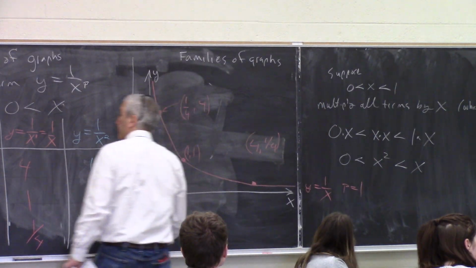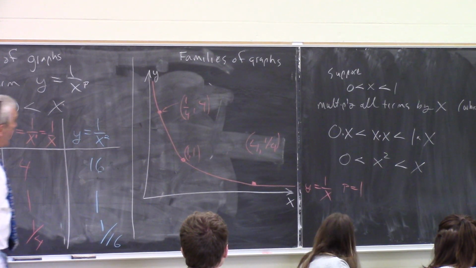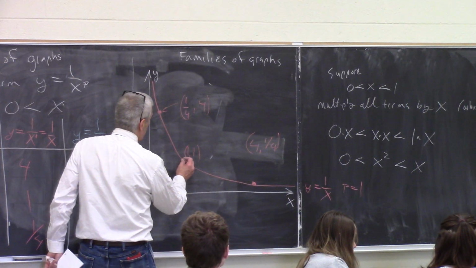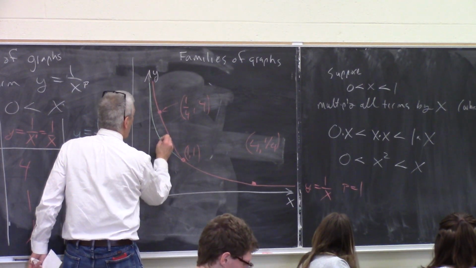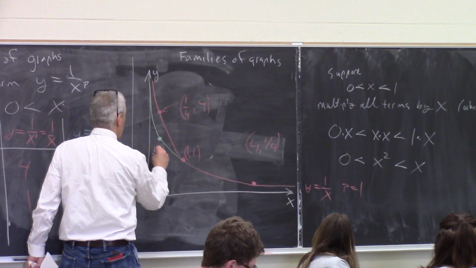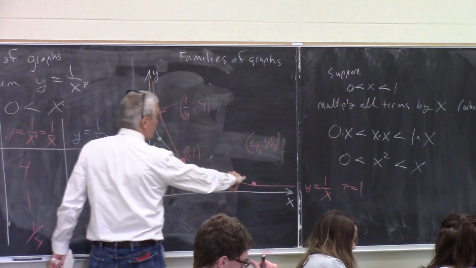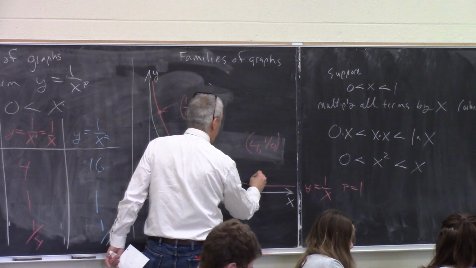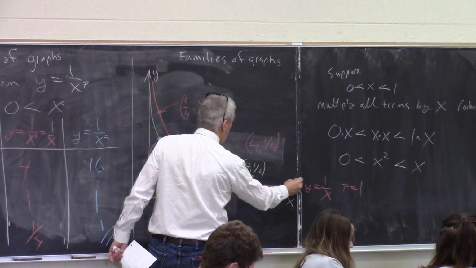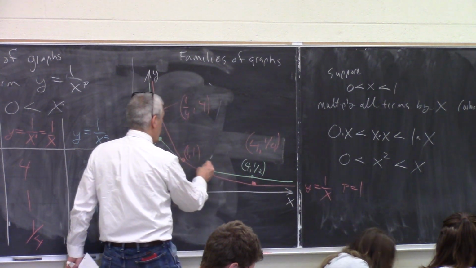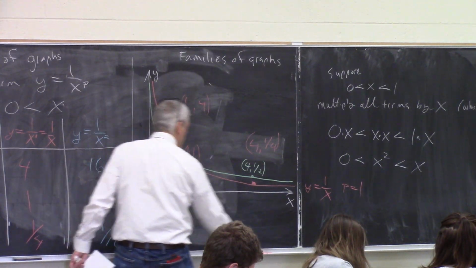Now let's draw the green graph. Notice the y values on the green graph are not as high over here. So this graph goes through 1/4, comma 2. But the y values are greater over here. It goes through 4, comma 1/2. So the green graph is above the red graph over here. Crosses through that point with it, and then it goes below it.